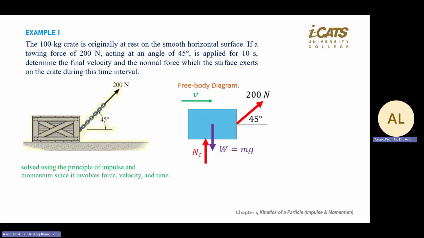Okay, so you can solve this one by using chapter 1 equation with F equal to ma, and also the 3 Newton equation. Why? Because you have a constant force, and constant force gives you constant acceleration. But in this case, we are in chapter 4, so we will force you to use the principle of linear impulse and momentum.